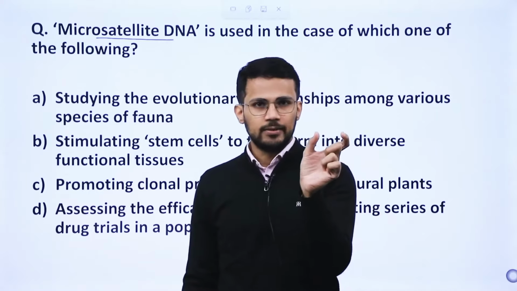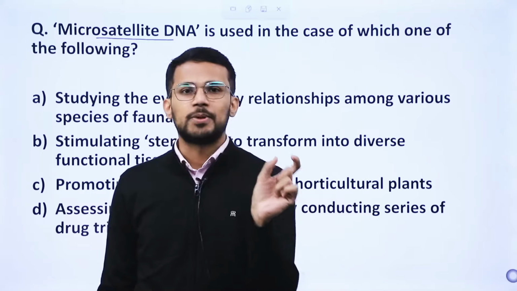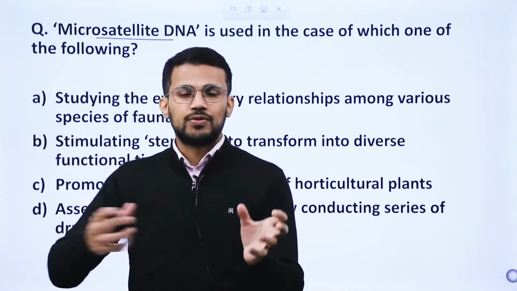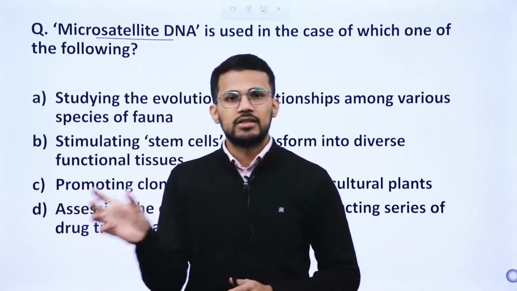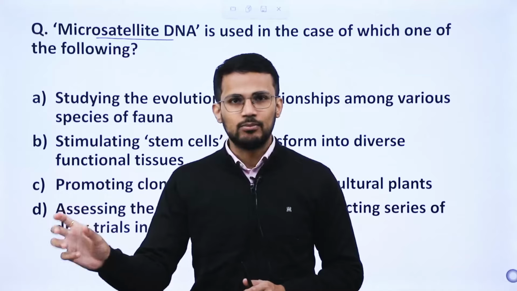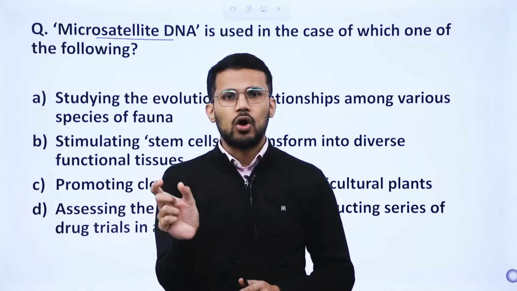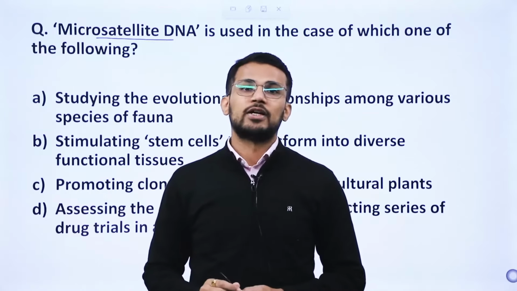So now here it is pure concept, right? On DNA, there are some sequences or base pairs of nucleotides which repeat after every certain time or space. Those types of base pairs on DNA are called microsatellites.